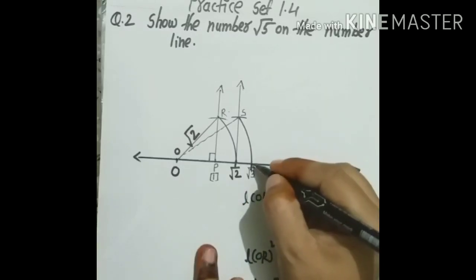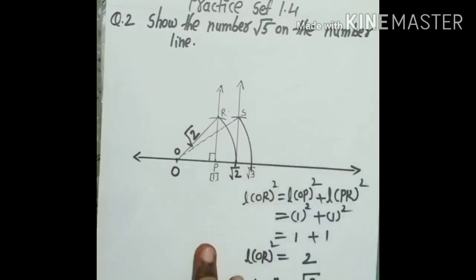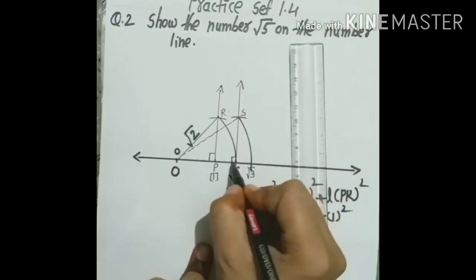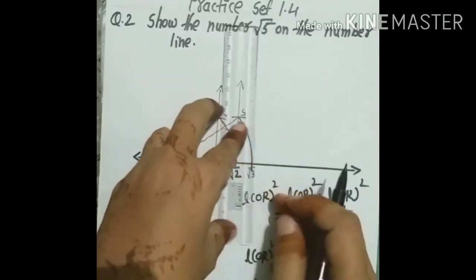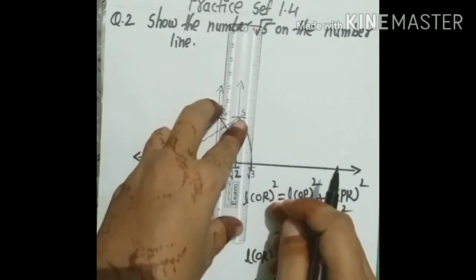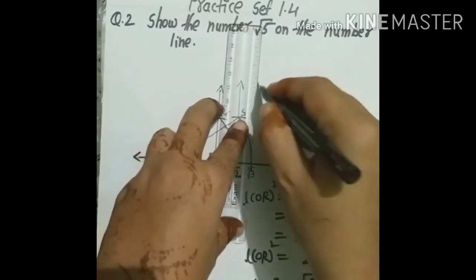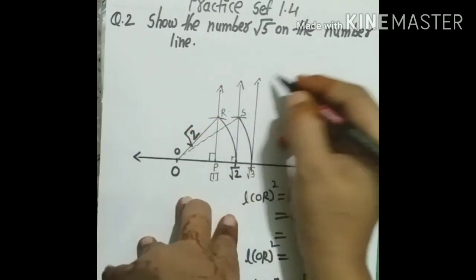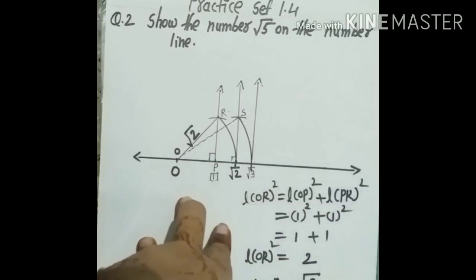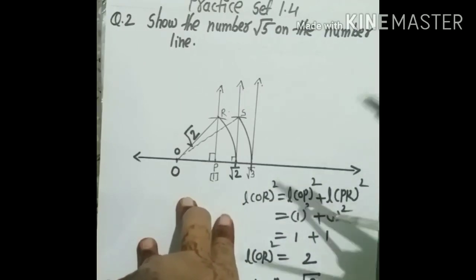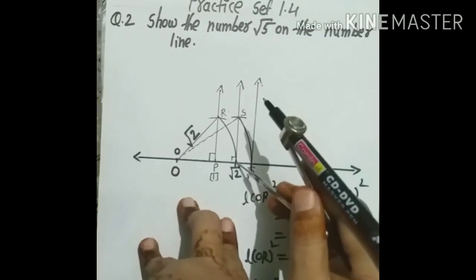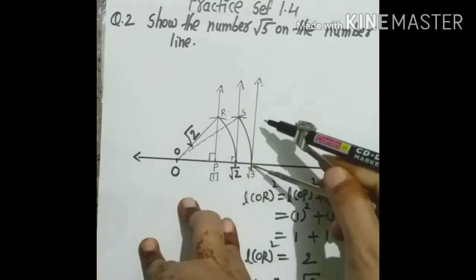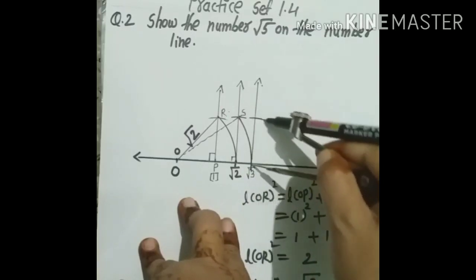Same, children, joining this arc, draw one more perpendicular line. Draw again a straight perpendicular line. Give an arrow mark. Again children, take 3 centimeter, which is your 1 unit. Give the arc.